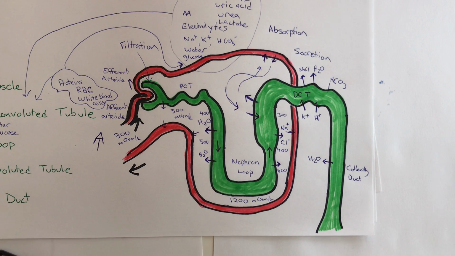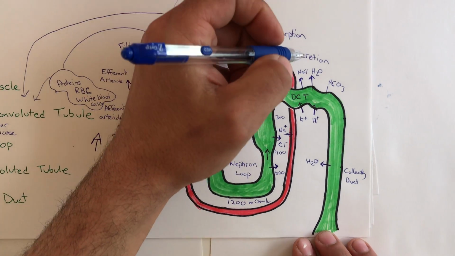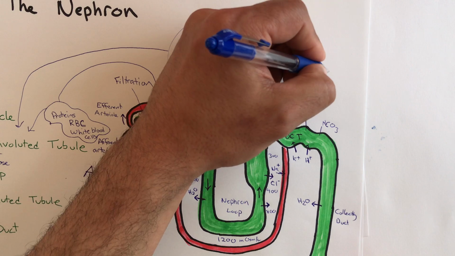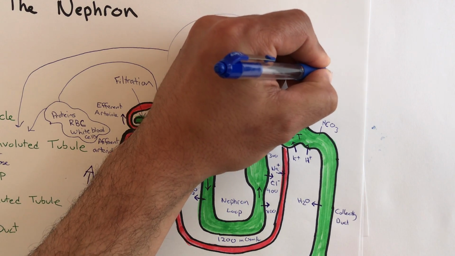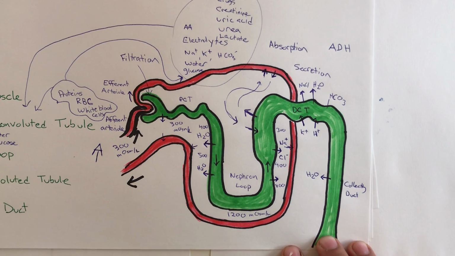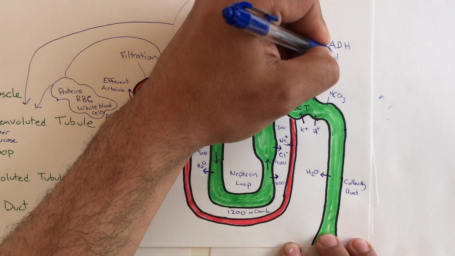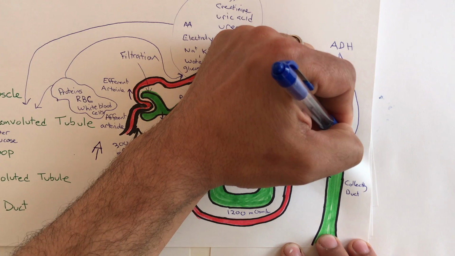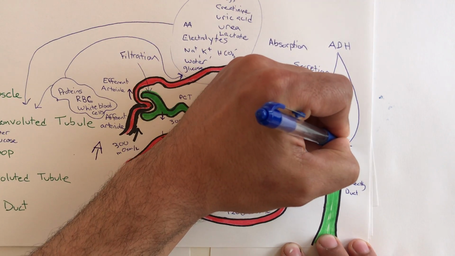So we're almost done here. There's just a couple more things to understand. We have in the brain, in the pituitary gland, this hormone called antidiuretic hormone. And the antidiuretic hormone acts on the DCT and maybe even more so on the collecting duct.